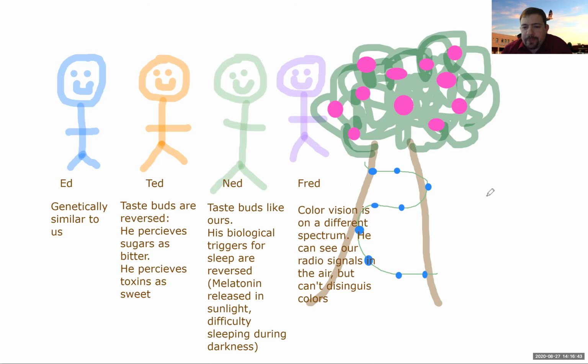I apologize. So we have these nice pink fruits that grow on the top of the tree. Those are filled with sugar, which evolutionarily means they are high in calories, and we need calories to continue surviving. Those are good.